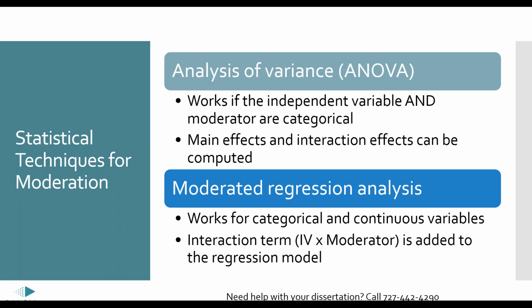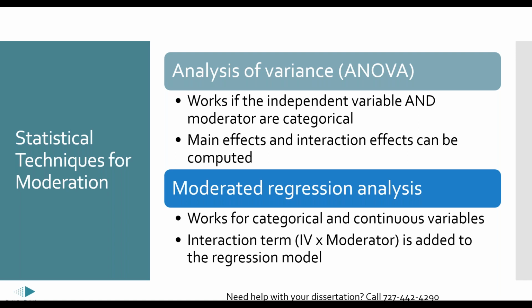So in an ANOVA, you can look at multiple independent variables, and in this case, one can be your actual independent variable, another independent variable can be your moderator, and in ANOVA, you can compute both main effects and interaction effects for the independent variables in the analysis.